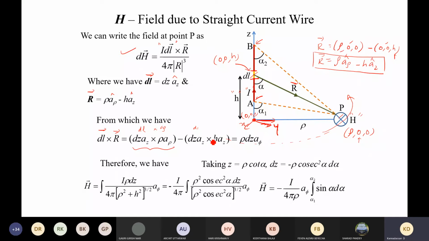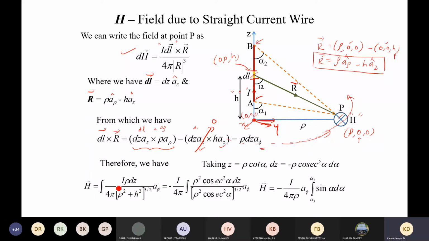The first thing we are supposed to notice is that whenever the cross product of the same vector comes, sin 0 will come, therefore you will get 0. So this entire term is going to be 0. That is why dl cross r vector is nothing but rho dz a phi vector. A phi means the phi vector. So this clearly indicates that the magnetic field is going to be just around the current.